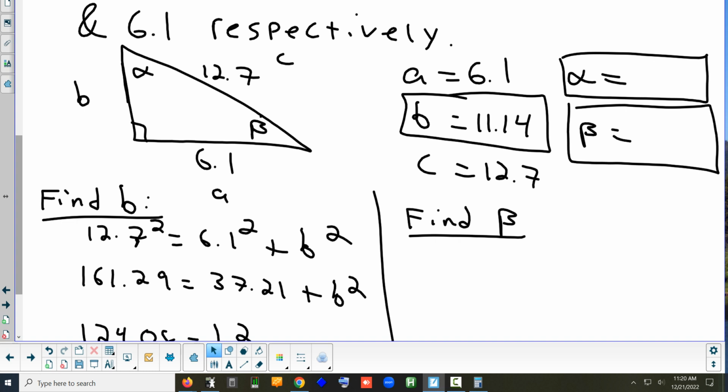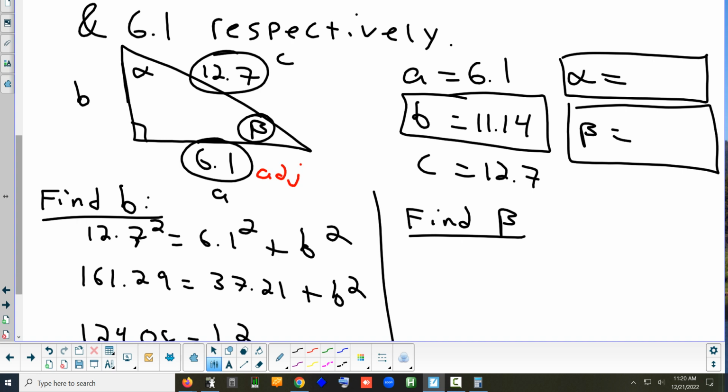So we want to find beta, and we have to stick with the information that we were given, which means we're going to use the 6.1 and the 12.7. What is the name of the 6.1 relative to beta? This is adjacent. And what about the 12.7? Hypotenuse.